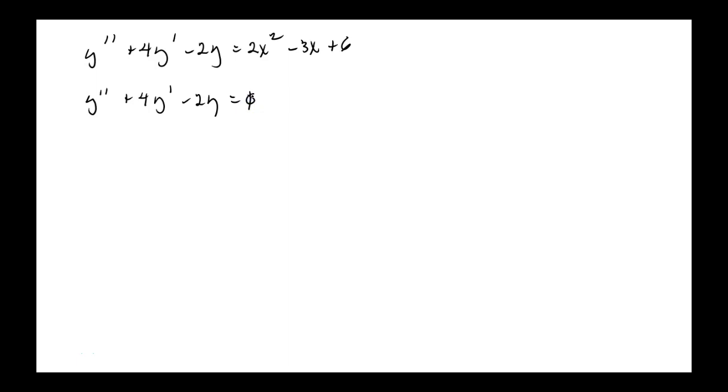Got it. Now for this one, let y equal e to the mx. And that produces your auxiliary equation. And what is it? m squared plus 4m minus 2 equals 0. Okay? Think you can factor that?